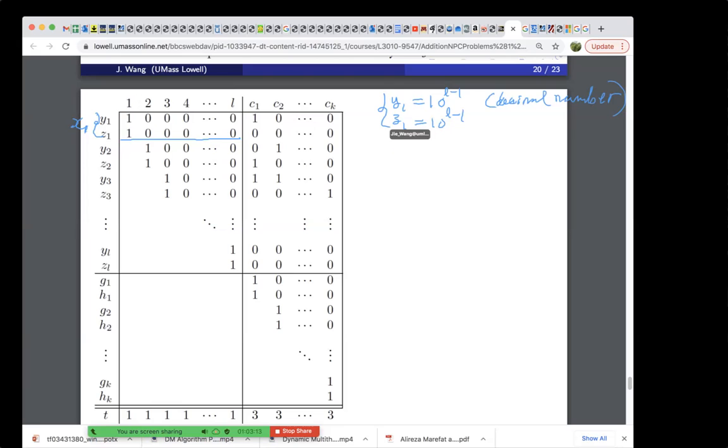And then y2 will be 1 followed by L minus 2 zeros. This is for x2. Likewise, z2 is 1 followed by L minus 2 zeros. Okay, so you go down. The last one is yL, which is now 1, and zL is 1. So this is xL.